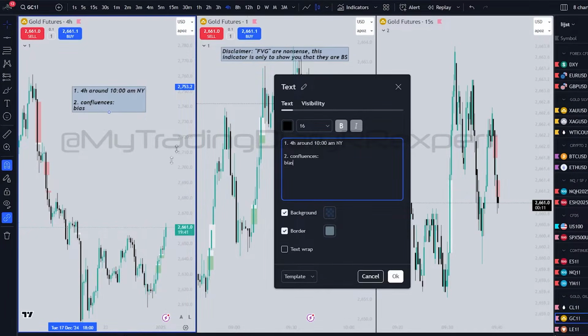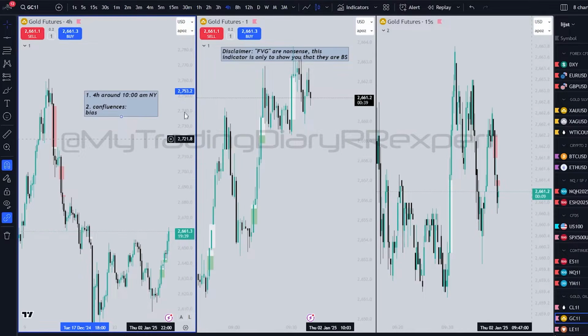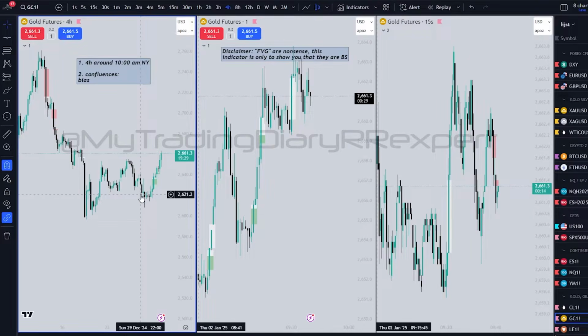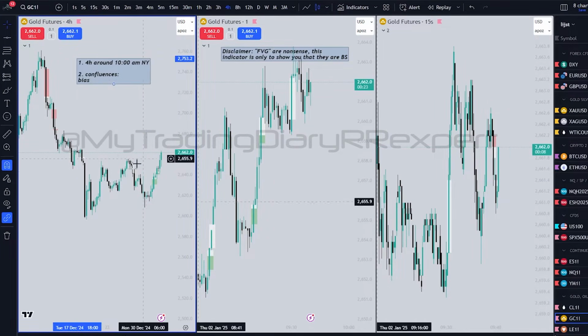If you look at the higher time frame bias here, although it went down, it's eventually going up. Don't ask me how I know this. Some people think I'm some kind of wizard. Later I'm going to explain why this is not even relevant for your entry, but if you want to increase the probability, this is what you'll be looking for.